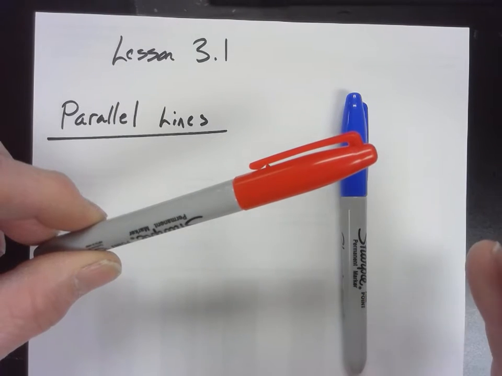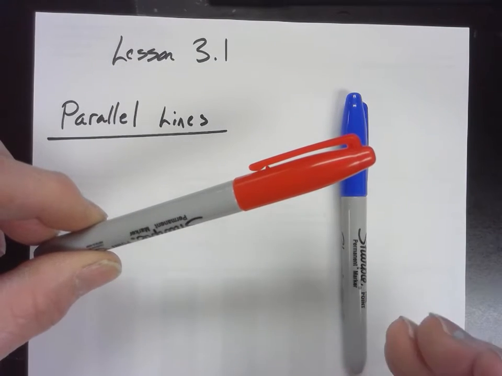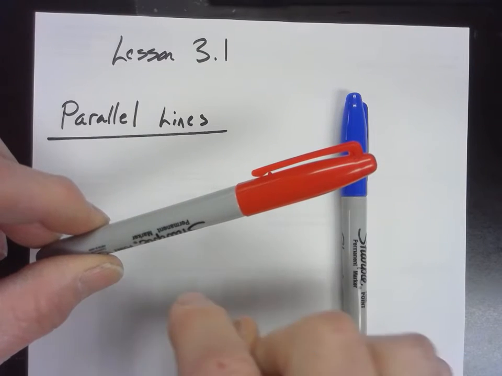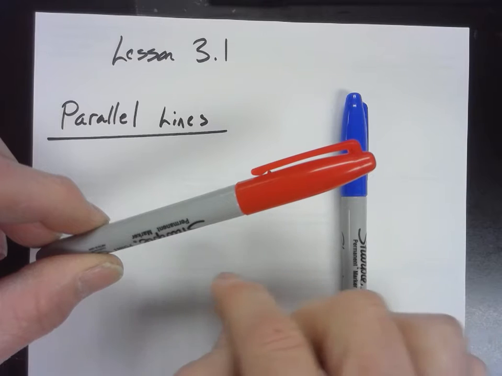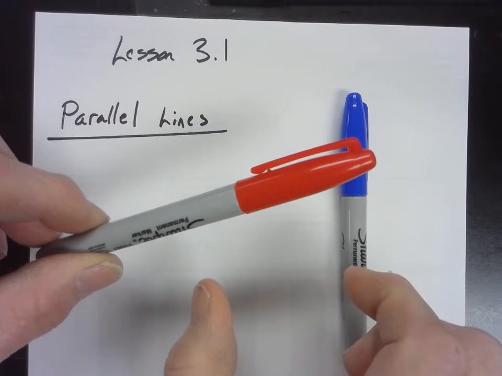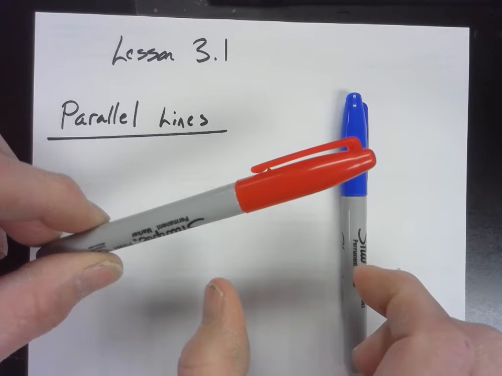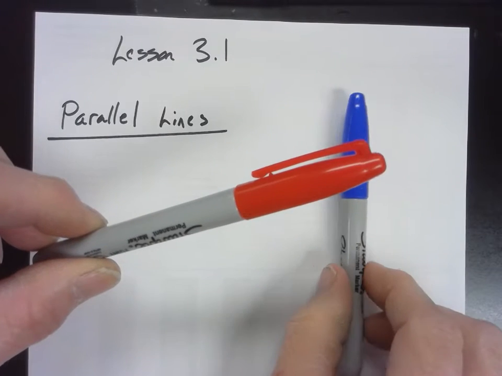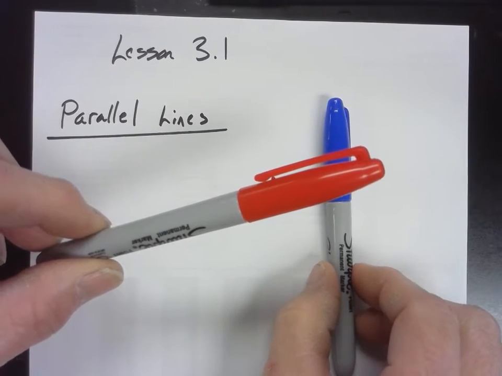Now, if we say they're equidistant, or they are always the same distance apart, what we mean is if we put a segment between them that's perpendicular to both of them, then that segment would always be the same length. And that's not going to happen in this case, is it? So these don't follow that.